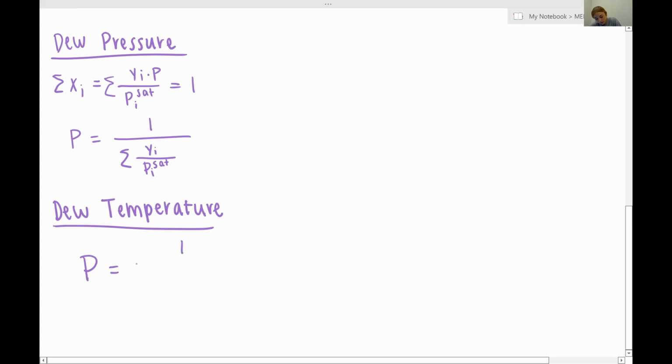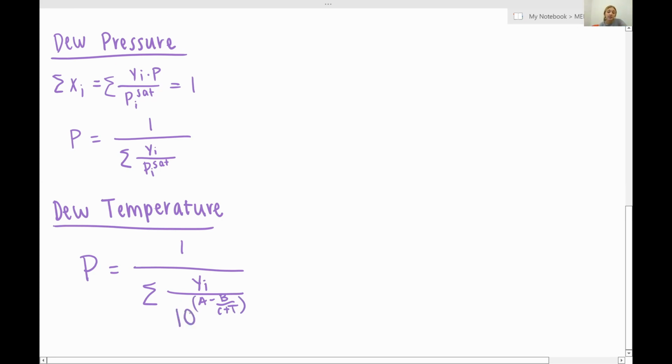So we'll have 1 over our summation of yi over 10 to the A minus B over C plus T. That's in the exponent. I'll rewrite that so you can tell.